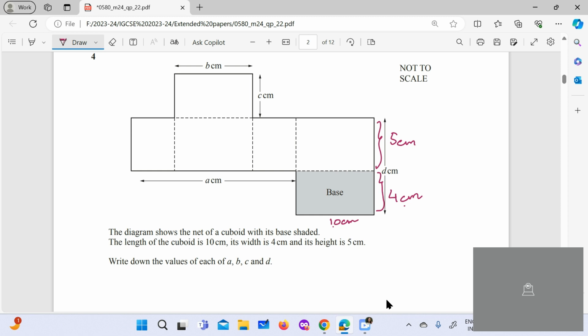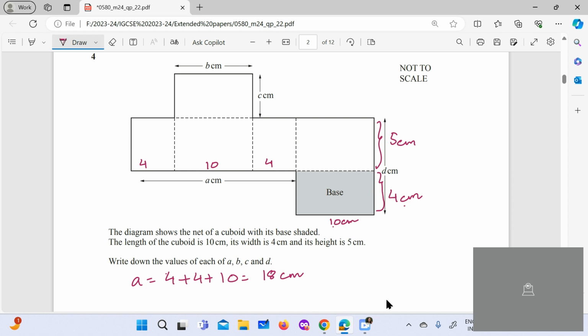Now A. So we can see very clearly that A will be, this will be 4, this will be 4, and this one will be 10. And then so we can write it like this: A is equal to 4 plus 4 plus 10, that will be 18 centimeter.